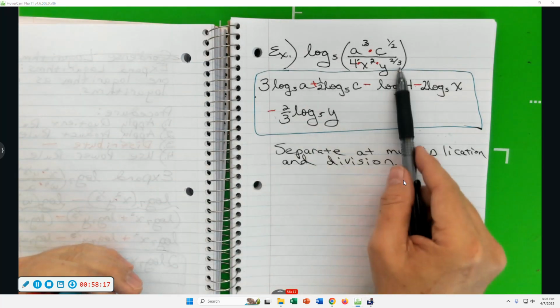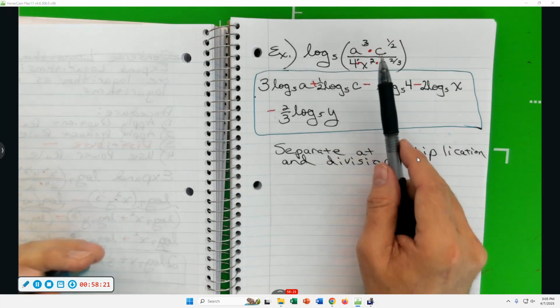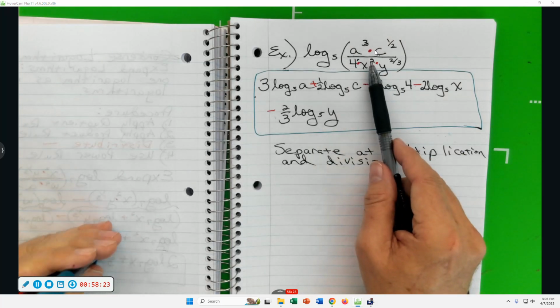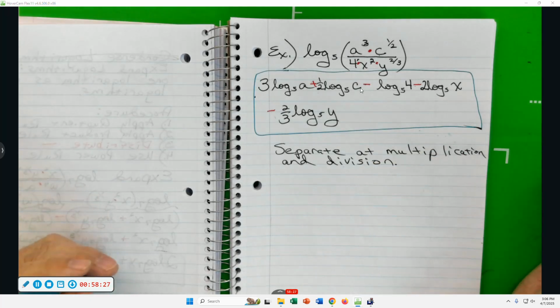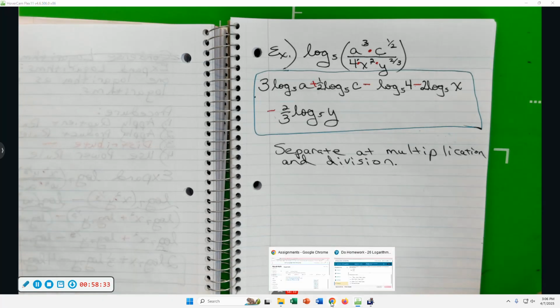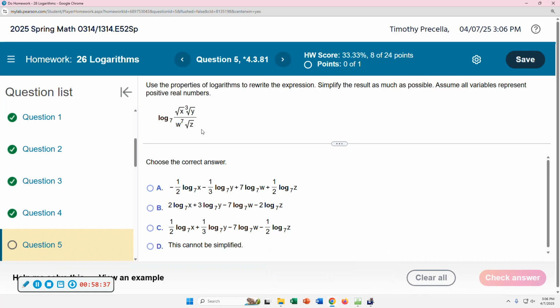Notice our argument, I don't see a plus sign or a minus sign. If you have a plus or a minus in your argument of the original problem, you're going to be stuck with that same plus or minus in the argument of your final answer. And you'll see what we mean by that as we move on, but we better go on to number 5 right now.